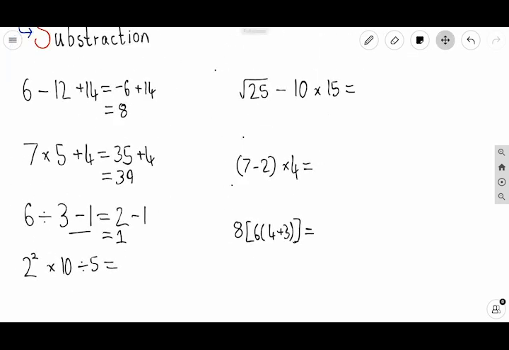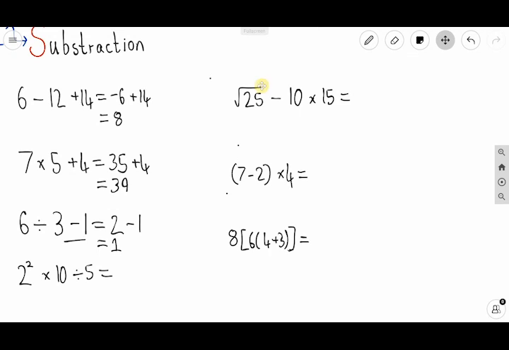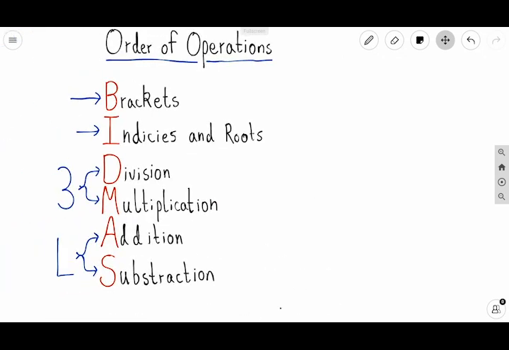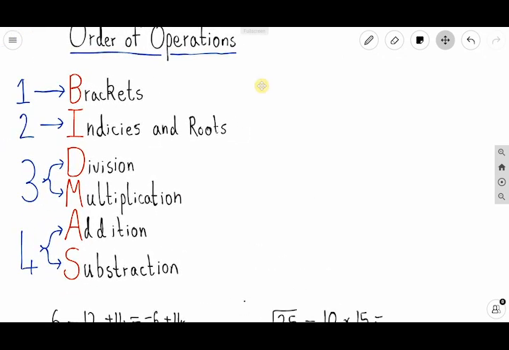2 squared, now the little number on top is an index, and we have to do that before multiplication and division. As we can see from BIDMAS, indices are higher than multiplication and division.